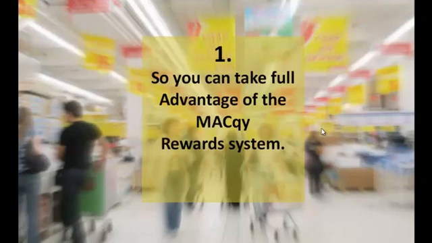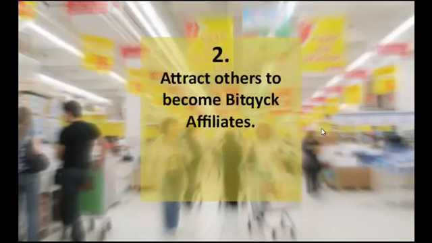Here's the second reason. By listing merchants, you'll be able to attract others to become BitQuick affiliates. You see, it is going to be a great pull if your prospective affiliates go on Mackqy and see businesses listed there that they're actually doing business with already. So they see a gas station, a grocery store, a nice spa, a car wash, all those places.